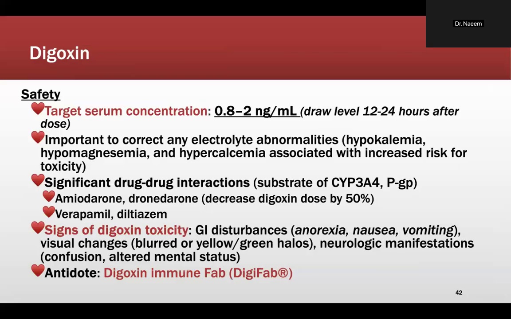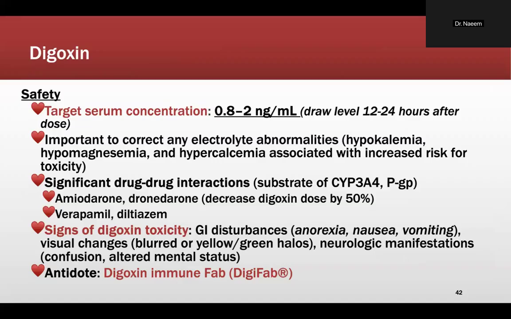For heart failure, the range is a little bit lower. That is a unique difference between heart failure digoxin use and AFib digoxin use. For heart failure, we do 0.5 to 0.9, and for AFib, 0.8 to 1.2. It's important to correct any electrolyte abnormalities, low potassium, low magnesium. Again, potassium above 4, a magnesium level of above 2, and hypercalcemia are associated with risk for toxicity.